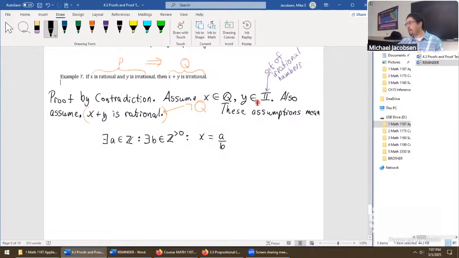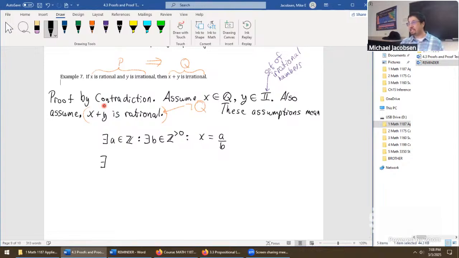For this part, Y being an irrational number, well, we have nothing for that. Irrational numbers are actually really vast. There are more irrationals than rationals, and I don't have any way to write down a formula for a generic one, not like this. So we just go over to the next one. X plus Y is rational is what we said.